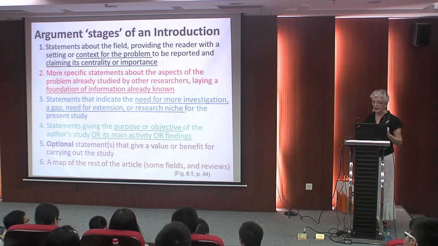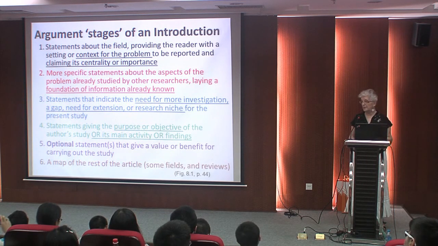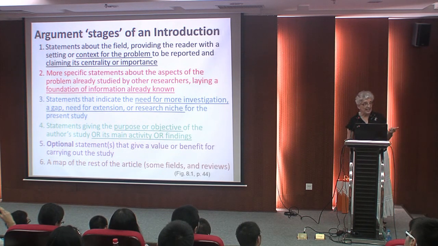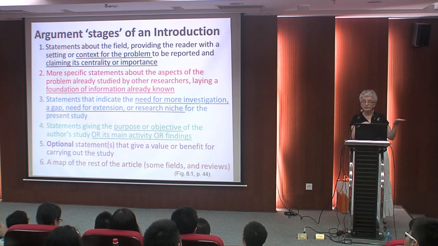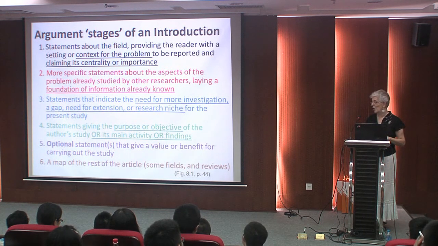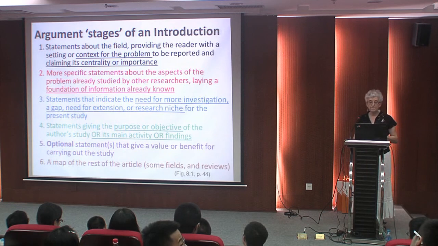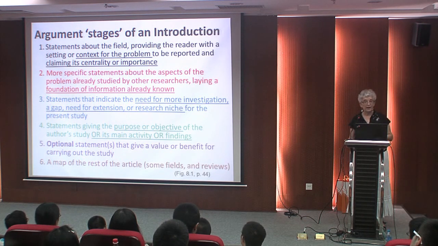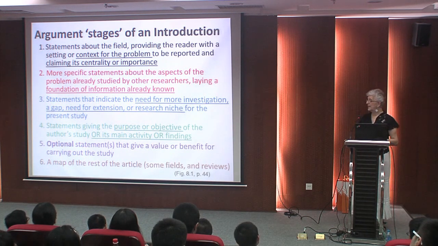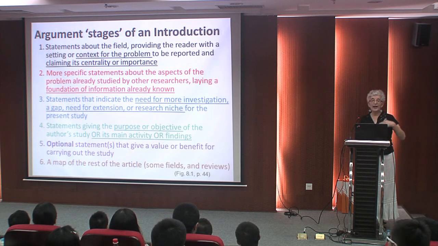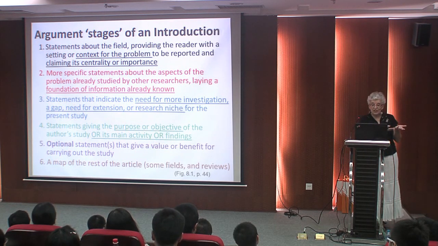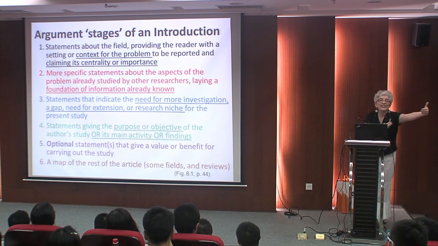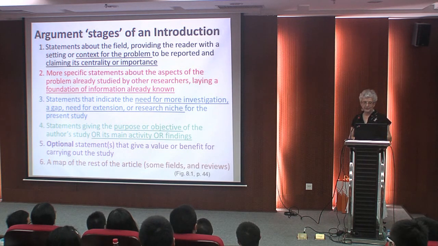Stage 2, in red type: more specific statements now about the aspects of this problem already studied by other researchers, with the goal of laying a foundation of information already known. Yeah? Stage 3, in blue type: these are statements that indicate a need for more investigation, a gap, a research niche, a need for extension of the work. Yeah?